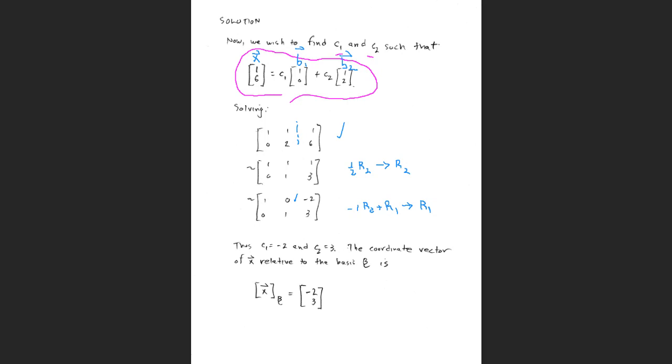So we end up getting C1 equals -2 and C2 equals 3. And so the coordinate vector of X relative to the basis B is -2, 3.